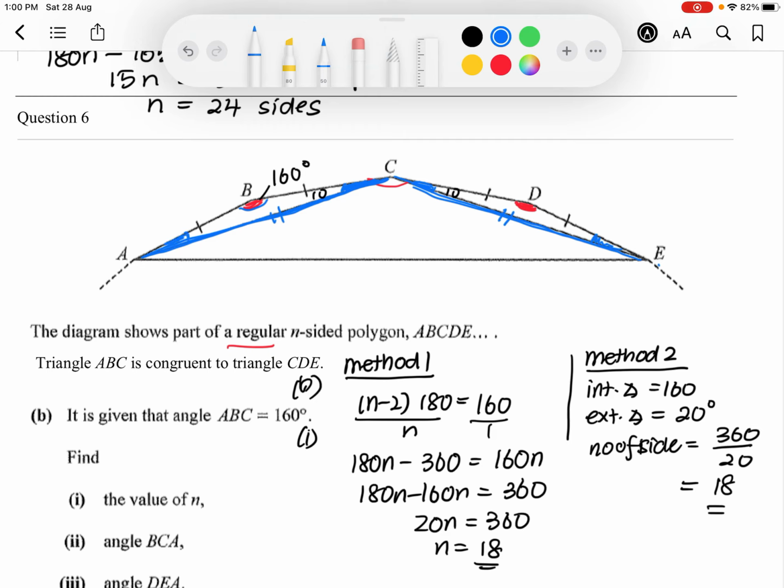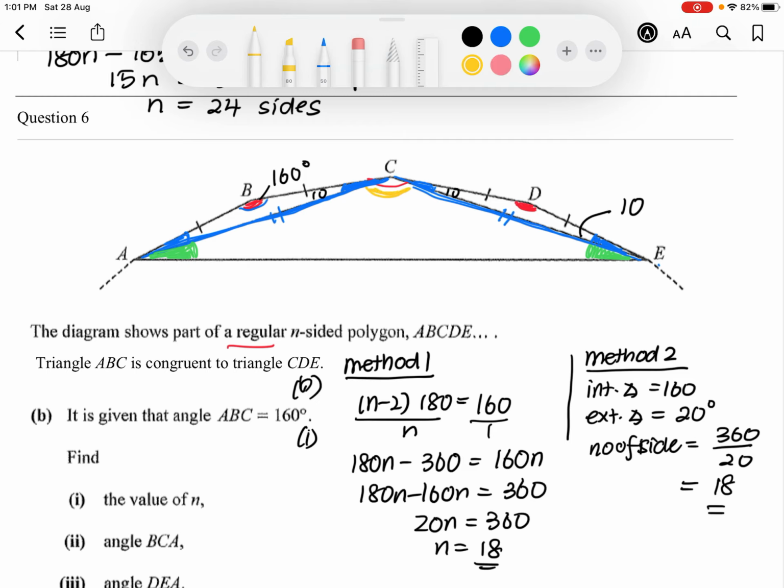Now they ask me to find angle DEA. I know that this small angle here is 10 degrees already. What I'll probably need to do is find the angle CEA. How do we find angle CEA? I know that the blue triangle ACE is an isosceles triangle, so I need to find the remaining yellow angle over here.